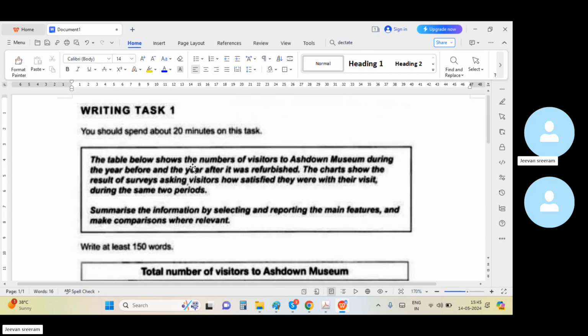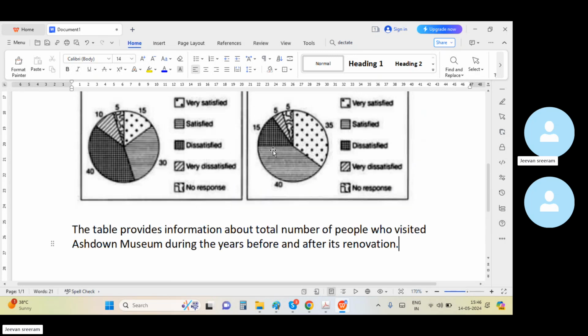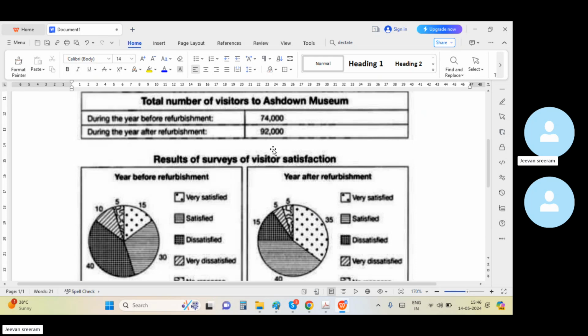I can simply mention years before and after. Okay. During the years before and after its renovation, the spelling of renovation must be like this. Okay. After its reconditioning, after its modernization.